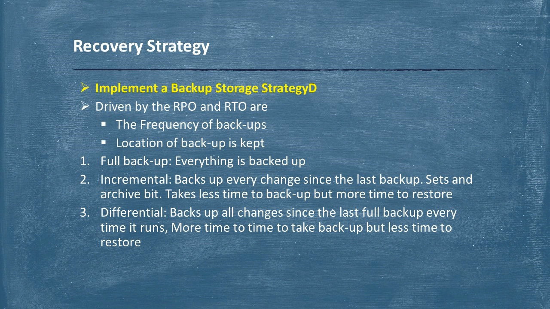Implement a backup strategy here, driven by the RPO and RTO again. RPO is the recovery point objective with respect to the application, whereas the recovery time objective is the availability of application, or availability of facility, depending on the extent of damage.